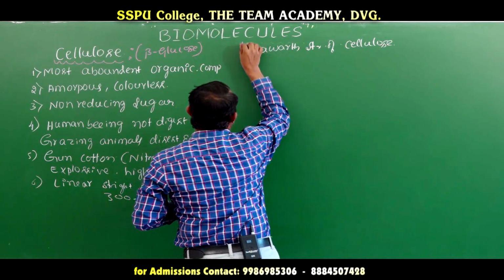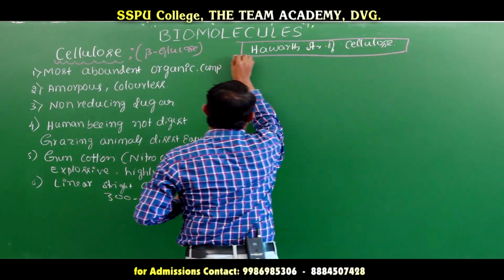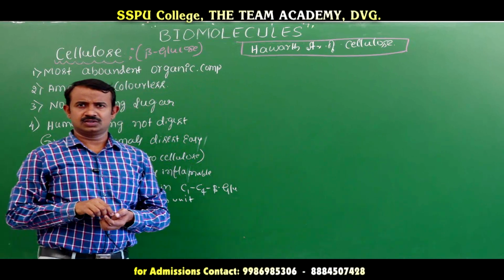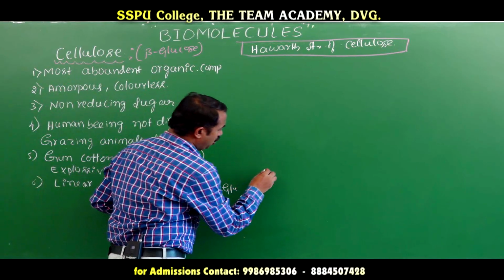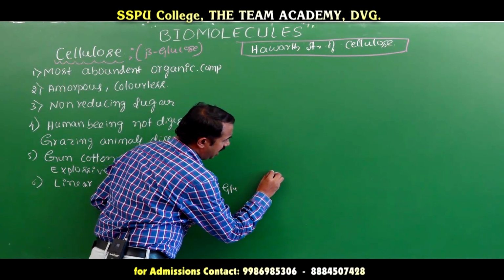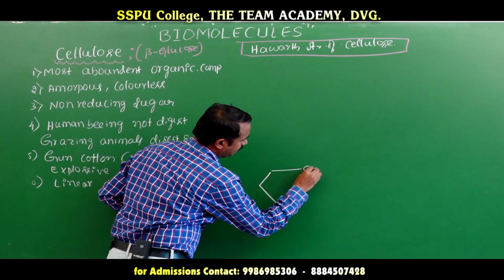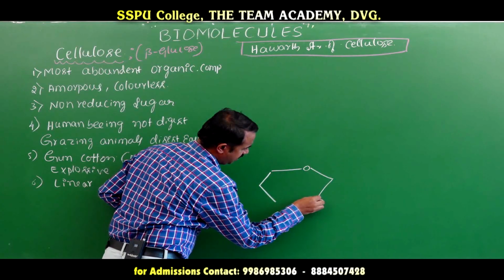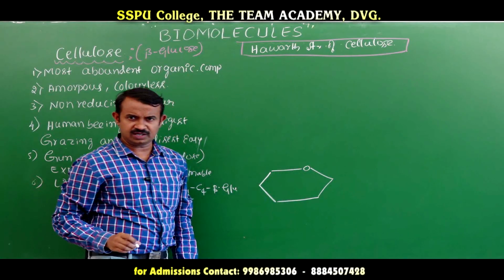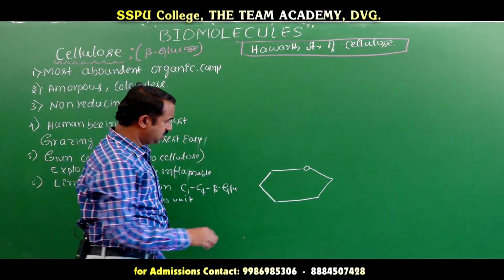Okay, they will ask here also 3 marks or 2 marks. First you should know the beta glucose. This is a pyranose.